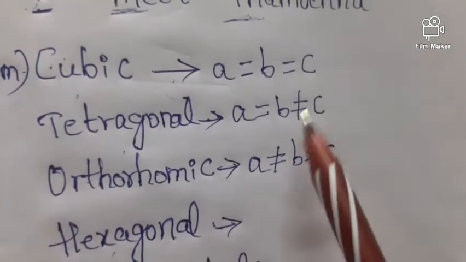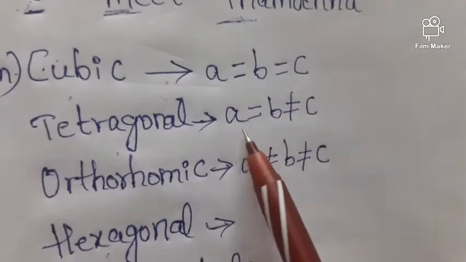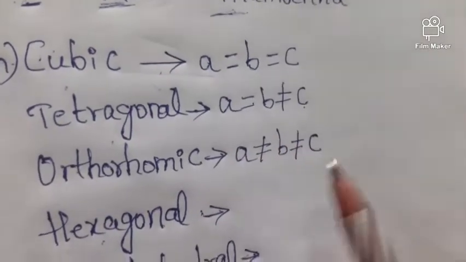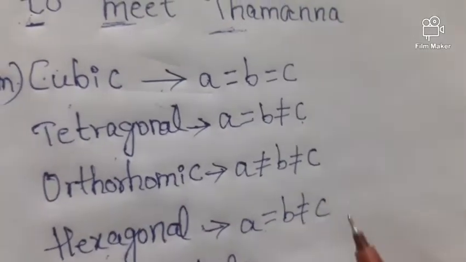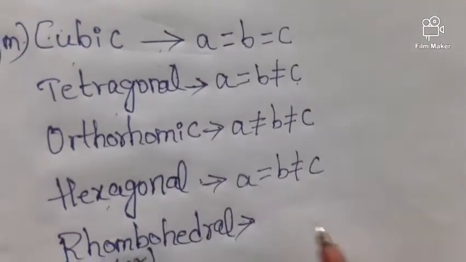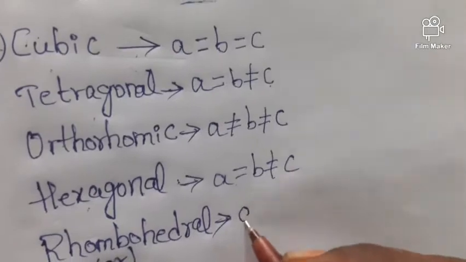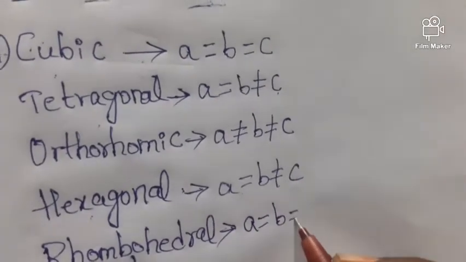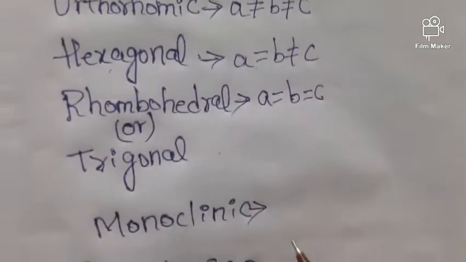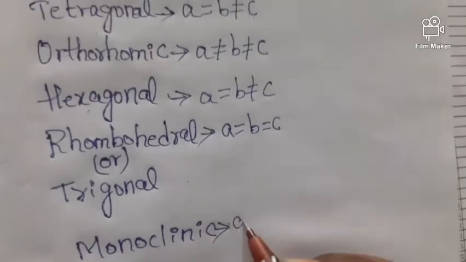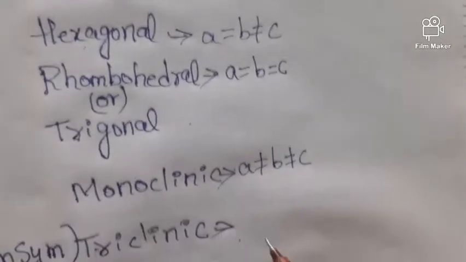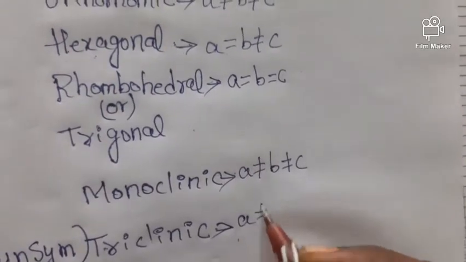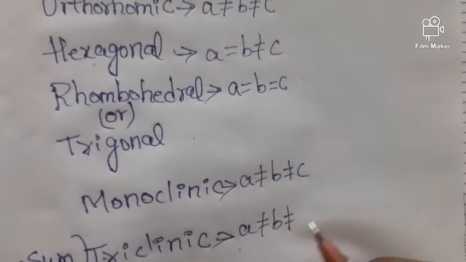Again from hexagonal it repeats: a = b ≠ c, and next a = b = c. And for the last two, a ≠ b ≠ c. Here also a ≠ b ≠ c.